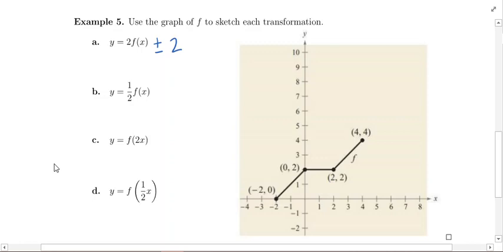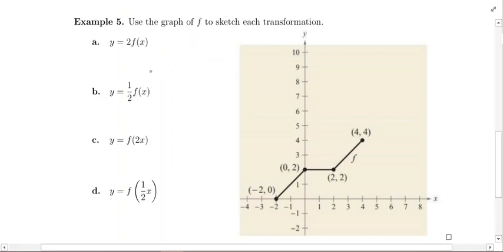If you were doing a horizontal shift, meaning moving left or right, you would be adding or subtracting inside the parentheses. Again, not what's going on here. If you were doing some type of reflection, it would involve a negative sign. We don't see any of those. So all the transformations that we've learned so far in this section, that's not what's going on here. This is a totally different group of transformations.